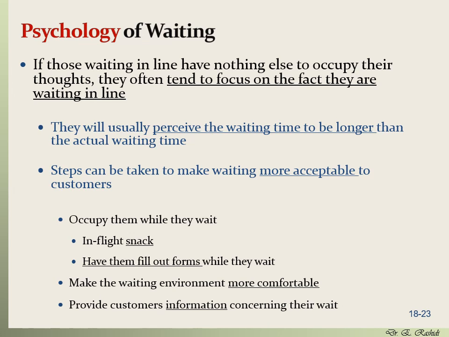Or make the waiting environment more comfortable or more appealing, or provide customers information concerning their wait, such as how much time has passed or how much longer they have to wait on average, so they do not perceive the time as longer than it is.